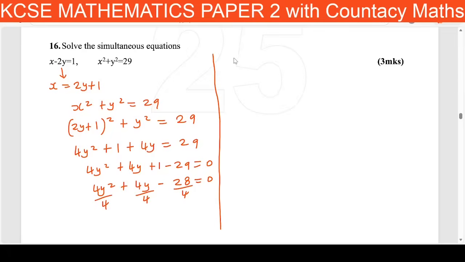How do we get there? We get y squared plus y minus, what do we have here? 28 divided by 4. That is 7.